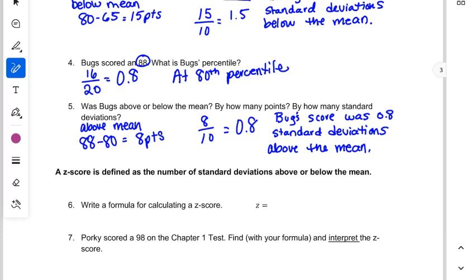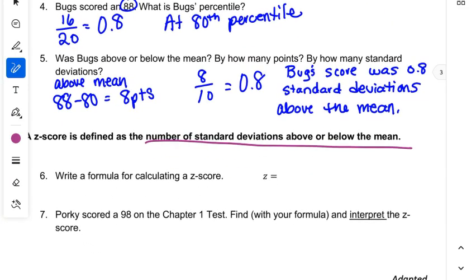Okay, a z-score is defined as the number of standard deviations above or below the mean. So what we just found on Daffy and Bugs was the z-score. The way we find a z-score is we take the value, whatever data value they want us to find the z-score on, value minus the mean, and then divide by the standard deviation.